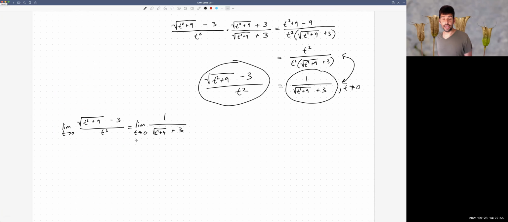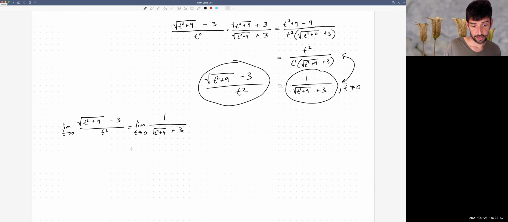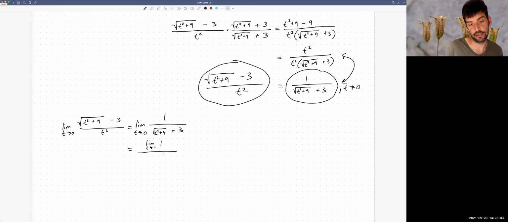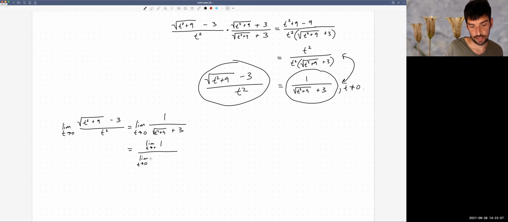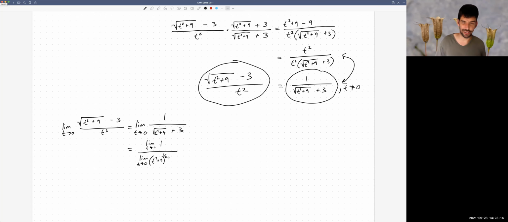Okay, and now I can apply all my limit laws. Remember, if I have the limit of a quotient, I can take the limit of the numerator and the denominator separately. I'm going to rewrite the square root as this power because remember we had this root rule written this way, just to make it more familiar. I'm also going to apply the sum rule in the denominator.